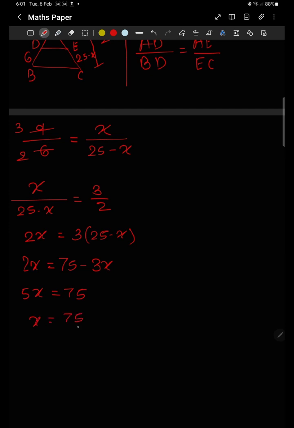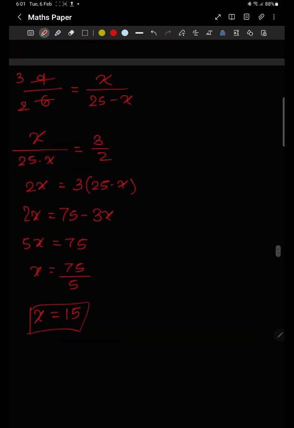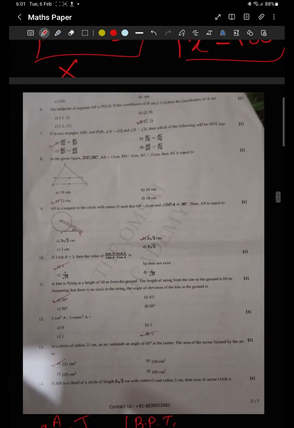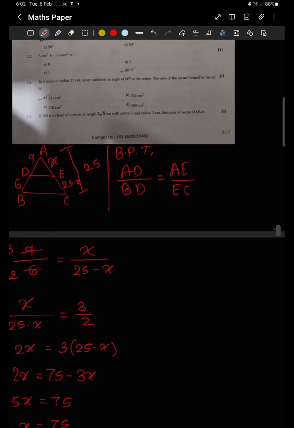X is equal to 75 upon 5. So X is equal to, 5 ones are 5, 5 5s are 25, so I got the value of AE is 15. AE is 15. So option number C is correct. Okay. Yes. Now we'll move towards question number 9.